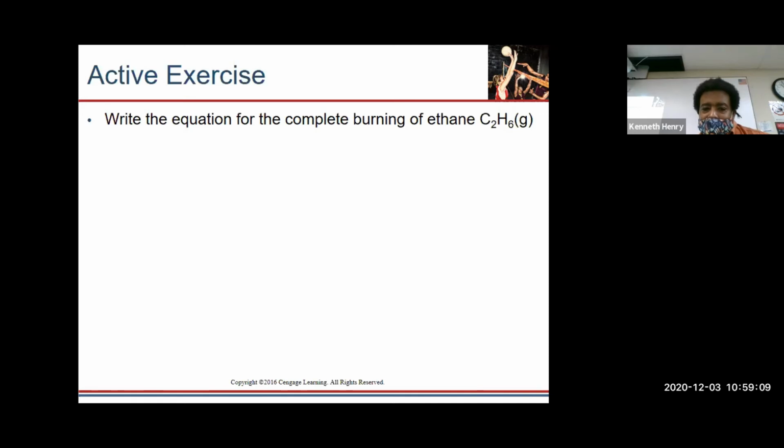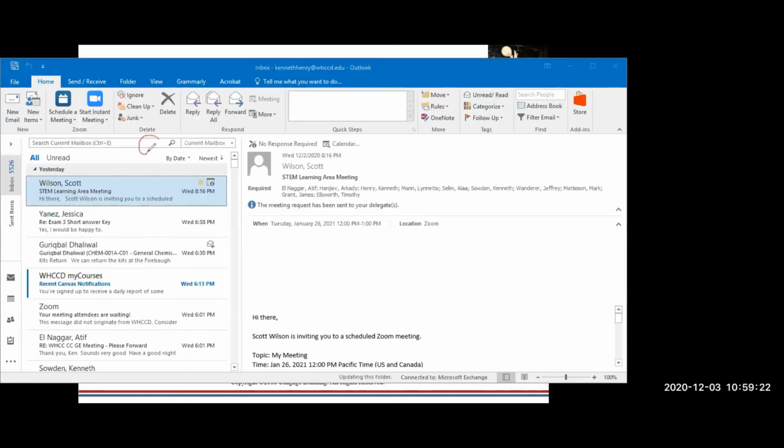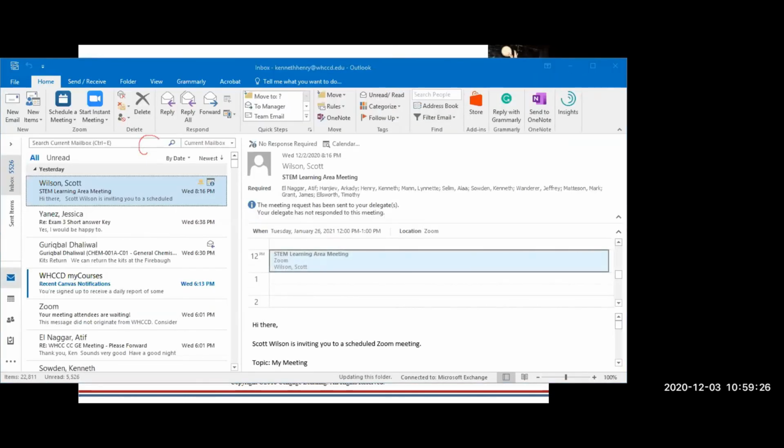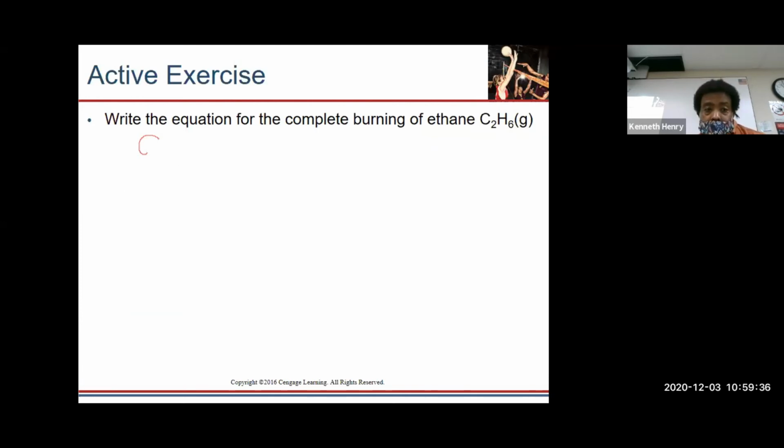It's nothing new. It'd be C2H6 gas, plus O2.